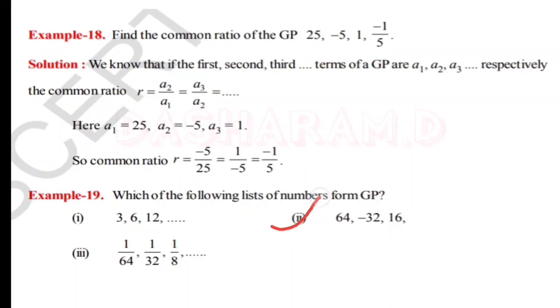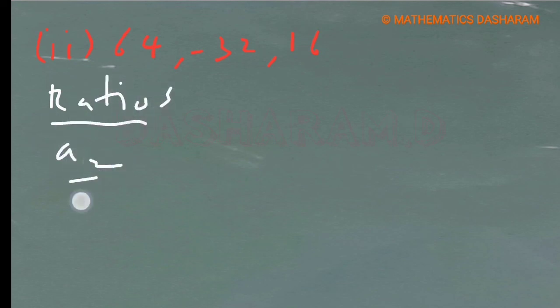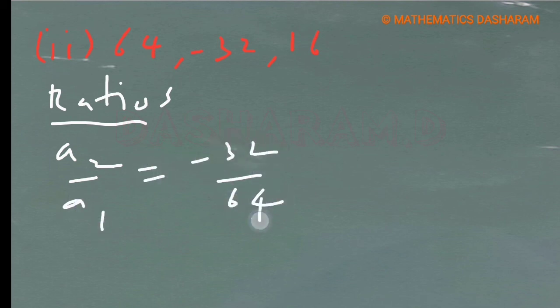Next, second question: 64, minus 32, 16. Is it a finite GP or an infinite GP? It is a finite GP because there is no dots symbol. First find the ratios. First ratio is A2 divided by A1, so A2 is minus 32 divided by 64. 32 ones are 32, 32 twos are 64, so it equals minus 1 by 2.